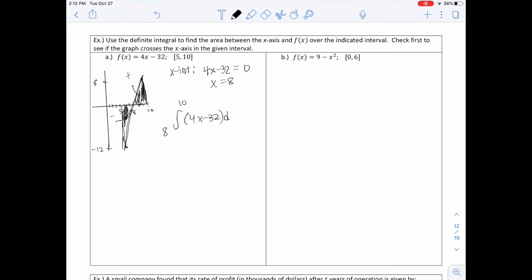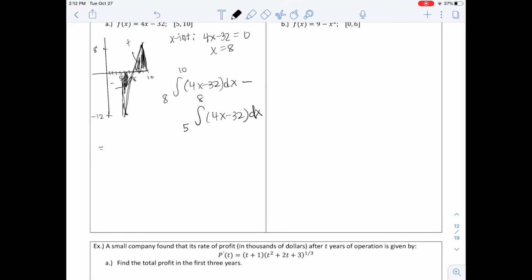Do not forget your dx. And I'm going to subtract away the negative area, the one that's below the x-axis, which is going to be the integral, and this time we're going from 5 until 8 of that same function, 4x minus 32 dx.